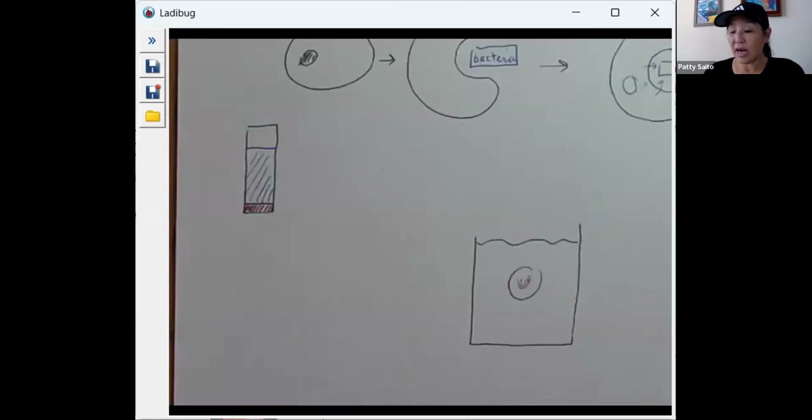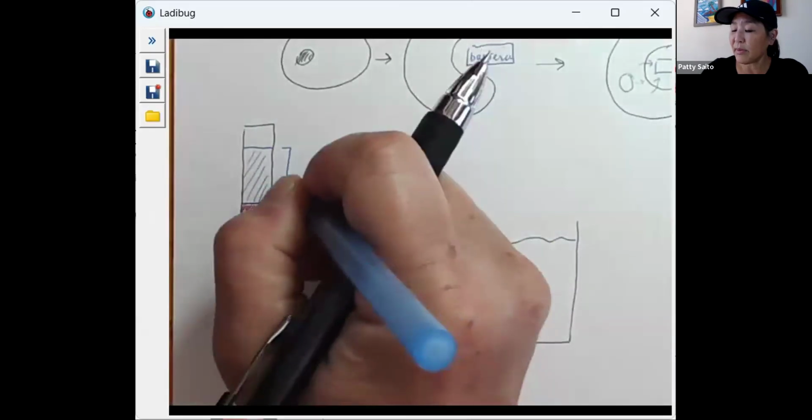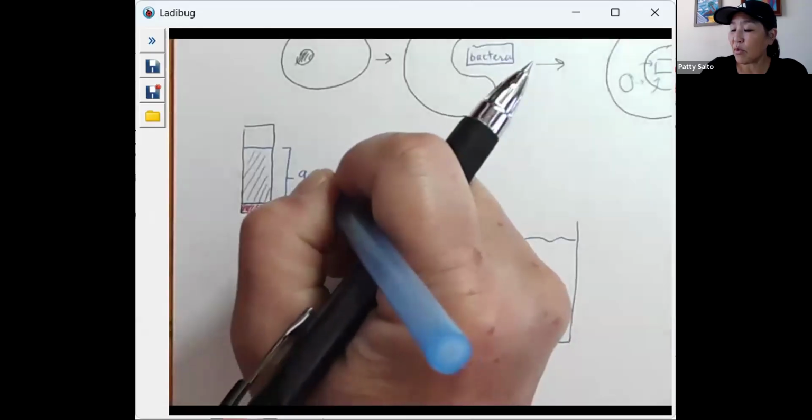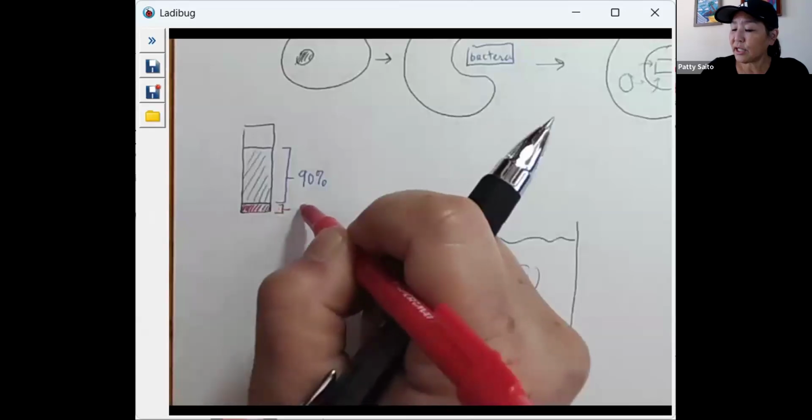I'm just going to do it like this to make it easier to understand: 90% water and 10% sugar.